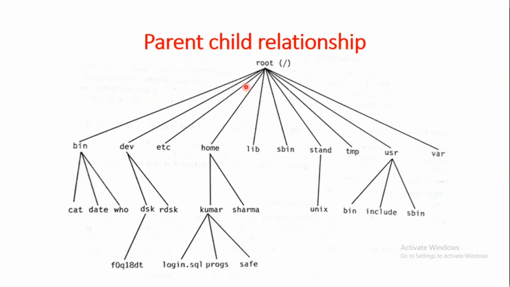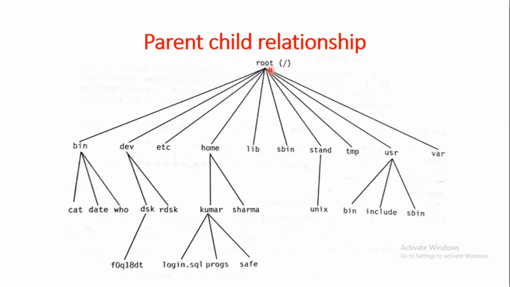Let us look into the parent-child relationship in a Unix file system tree. As previously mentioned, the parent of all directories is represented as forward slash, which is called the root directory. Under the root directory I have multiple directories at a single level: bin, dev, etc, home, lib, which are considered children of the root directory.